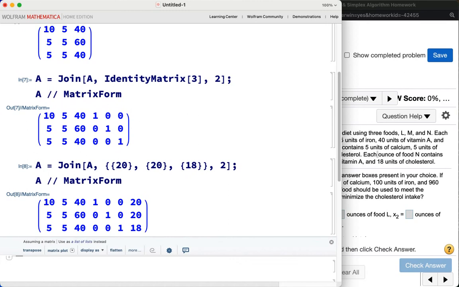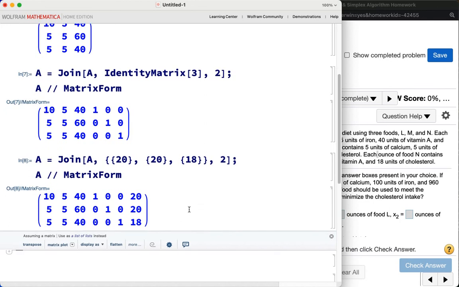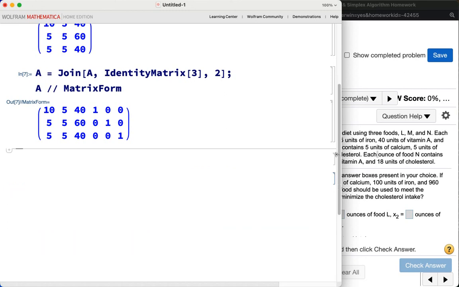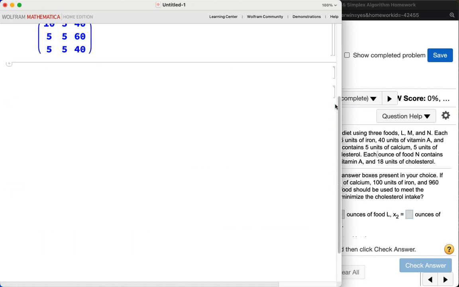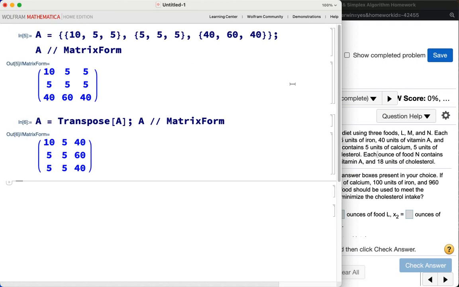But now, don't forget, I need to worry about that bottom row. Oh, and actually, I probably should have taken care of that in the beginning. So let me start this over, guys.